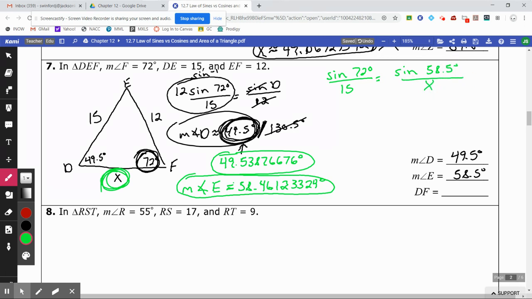And then once we type that in, we multiply 15 times the sine of the 58 point stuff. We're going to divide that by the sine of 72, and that tells us that X is going to be about 13.4. So DF is about 13.4. Okay, number 8.